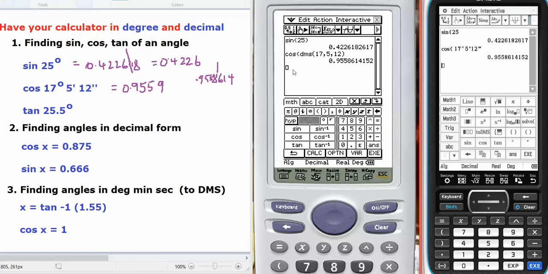And the tan of 25.5, tan 25.5, execute, to 4 decimal places becomes 0.47697.